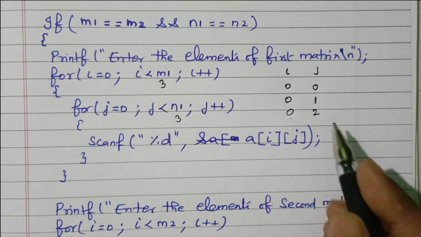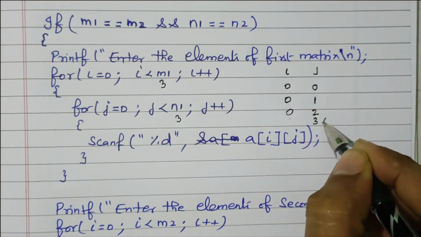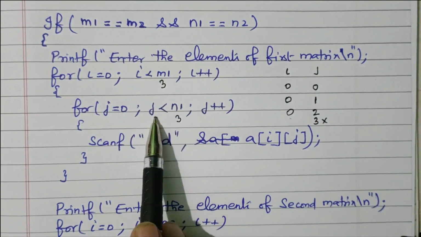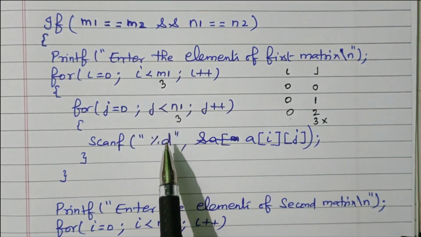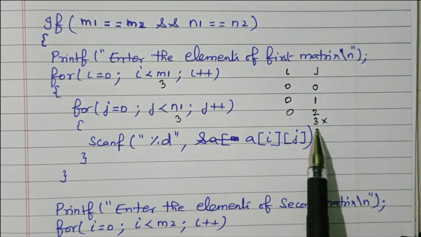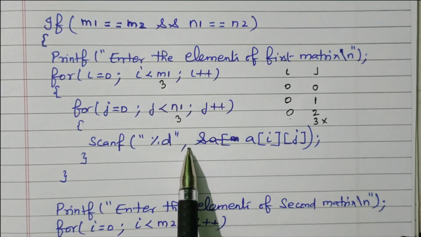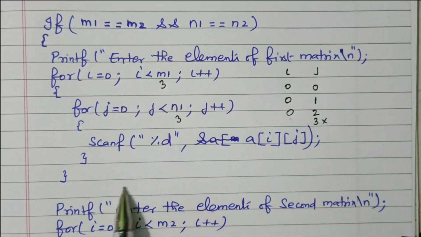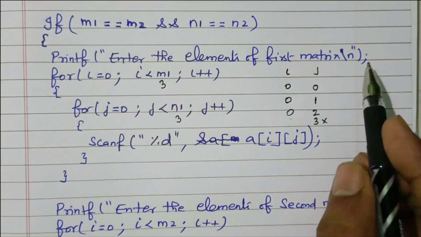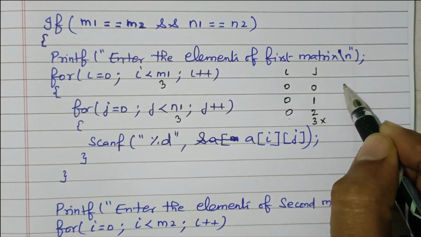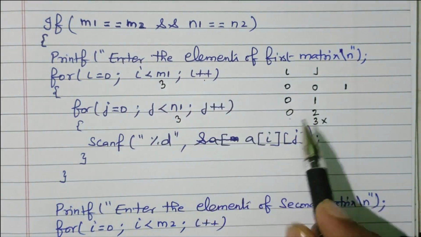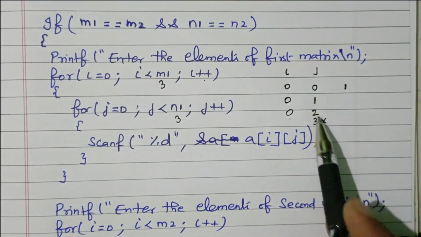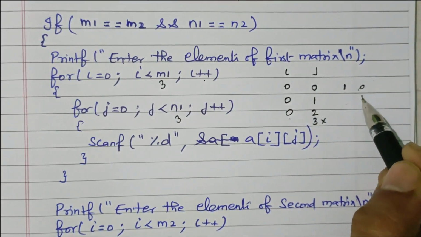Now when j becomes 3, it is terminated. It should be less than 3; j should be less than 3, then only the loop will be executed. Now it is equal to 3, so the inner loop is terminated. Now we go to the outer loop. Here i plus plus is there, so i becomes 1. Again the j loop is repeated, 0, 1, 2.